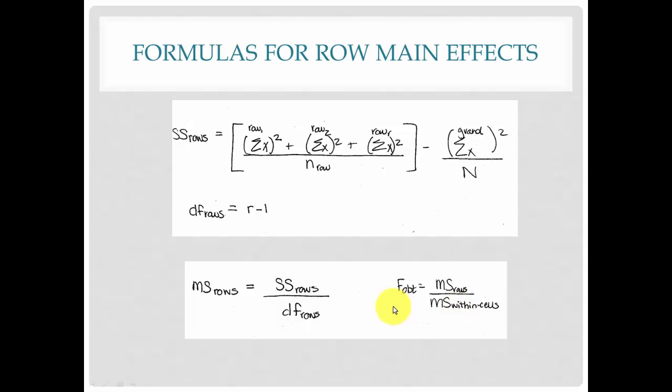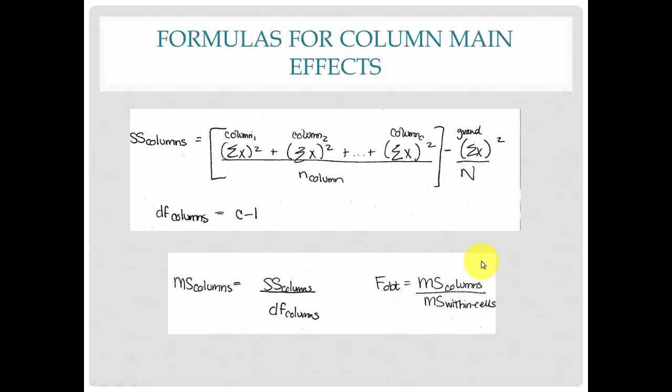All right, so we're going to now look at the column main effects, and the formula is identical. You're just, instead of noting row 1, row 2, row 3, you're looking at column 1, column 2, up to as many columns as you have. So you get the sum of x, and then square that, add those together, and divide by the n in the column total.